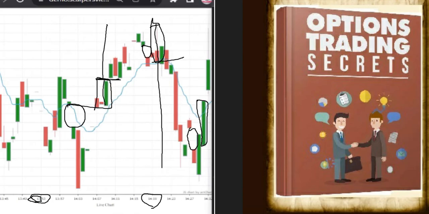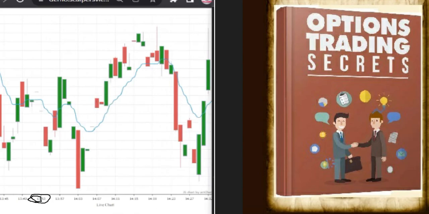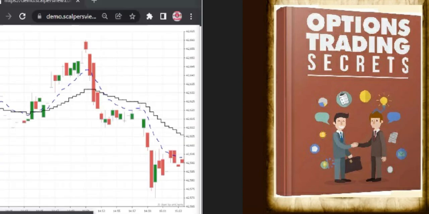I'm actually showing the entire market in a picture format because I want to give you clarity on this. Now what happened? Fine, this is around 2:50. Actually this is a beautiful pattern.